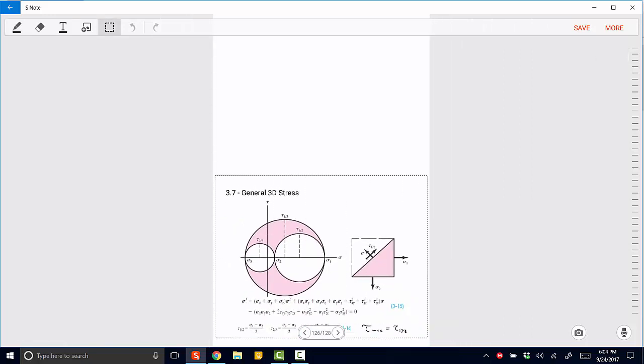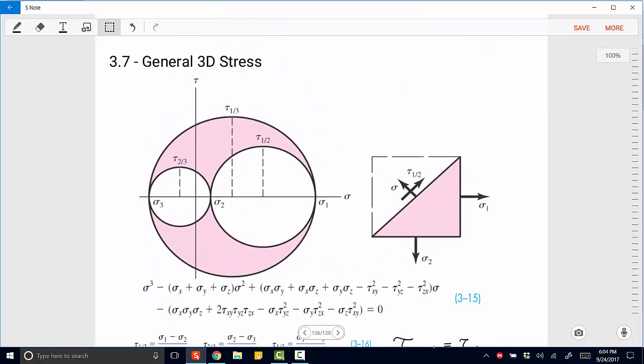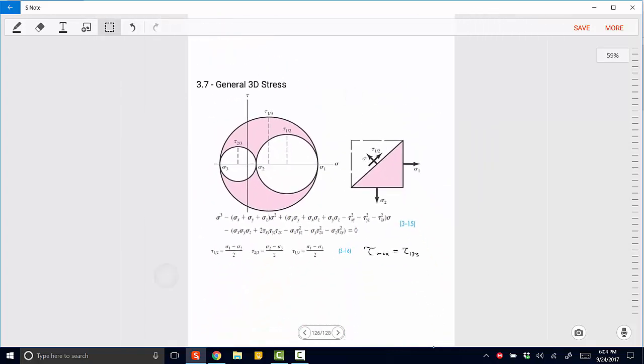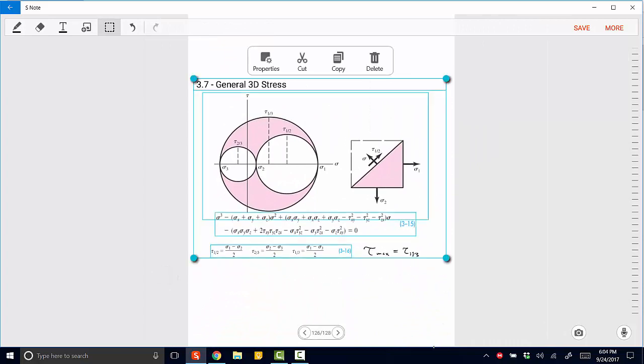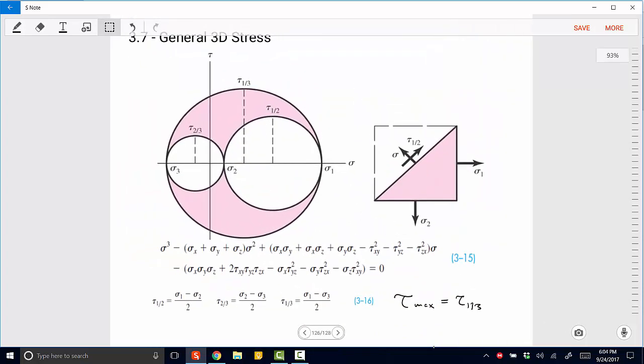So the Mohr circle that we've just looked at represents the Mohr circle for a 2D element, right? So what happens when we actually move to a 3-dimensional state of stress, where we have a 3D element?